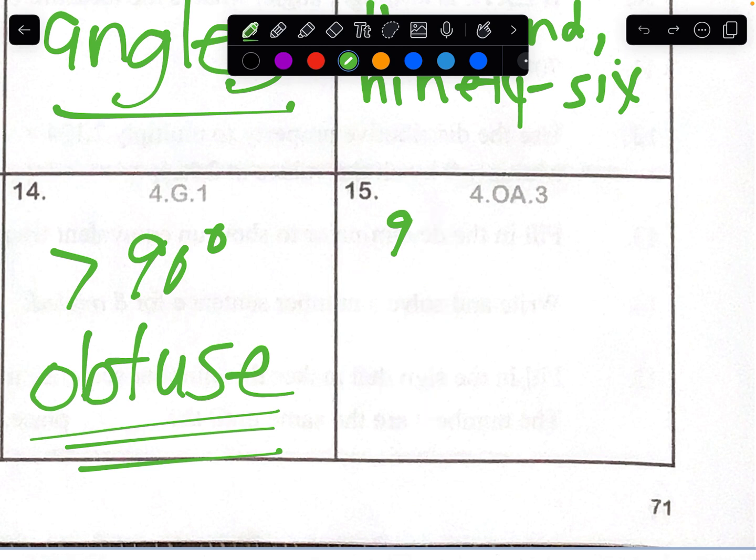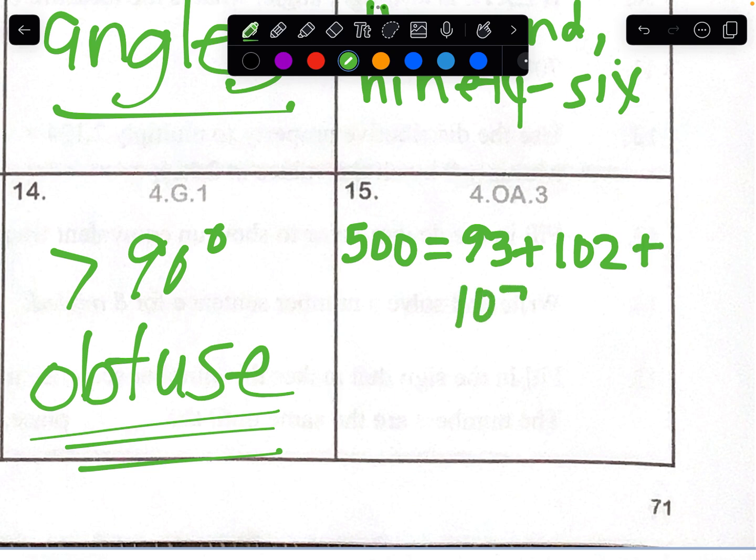So I should have read that first, but I know that he needs to be 500 in a 5-part race, where I first got 93, 102, 107, and 98 as the first 4, but what you don't know is X. Okay, so there's your equation. All the numbers added together set up equal to 500.